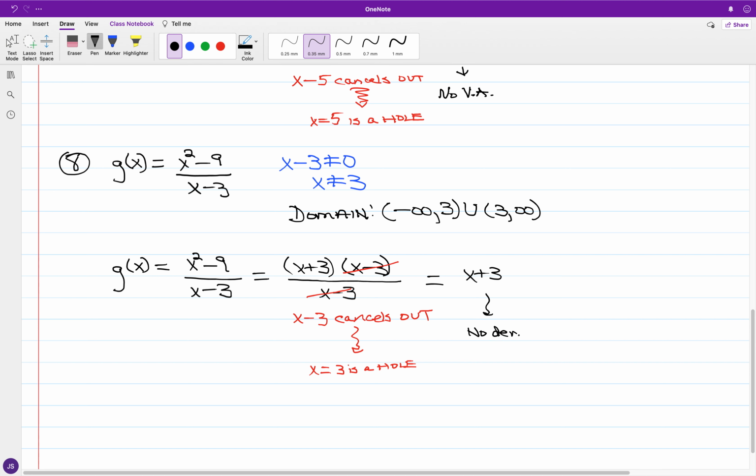And so we have no denominator in the variable x, so we have no vertical asymptote.